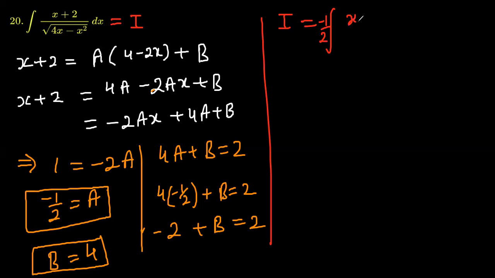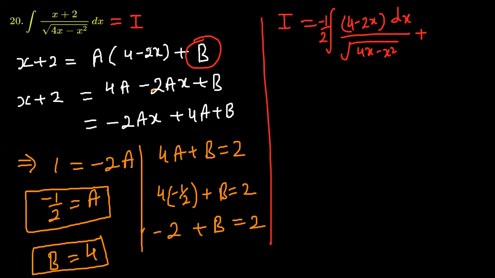And x plus 2 was written as 4 minus 2x. So it is 4 minus 2x and dx divided by the denominator as it is, 4x minus x squared, and plus b.